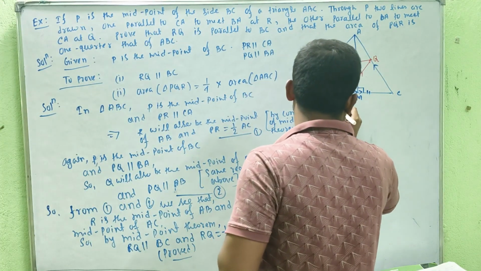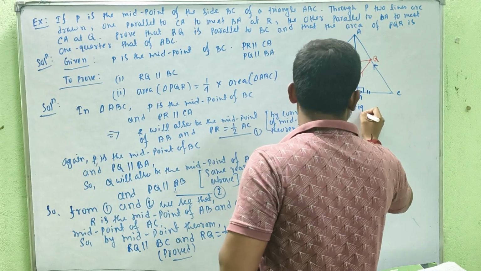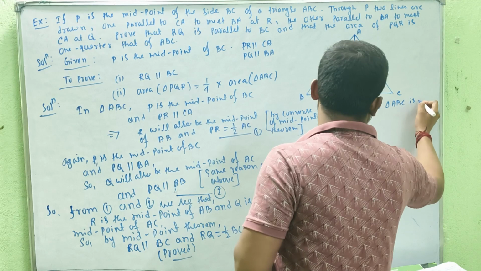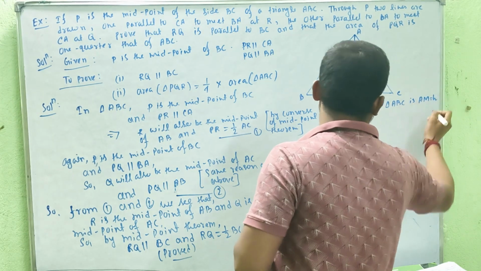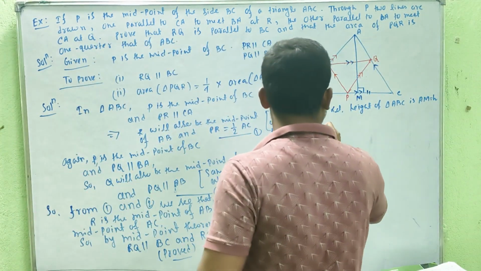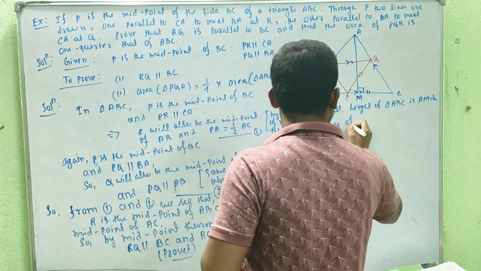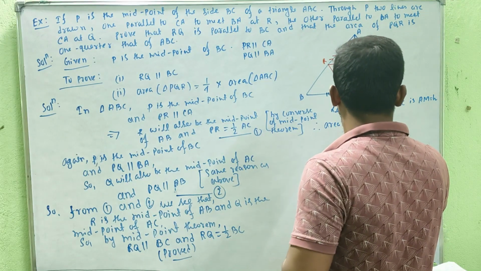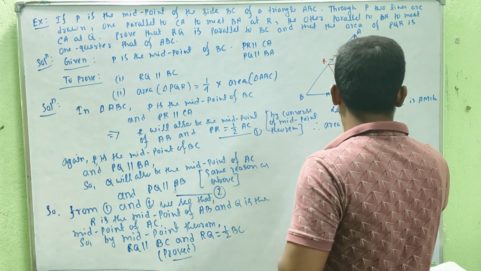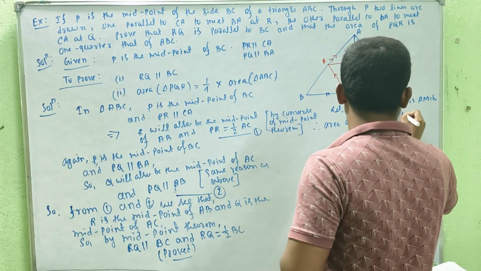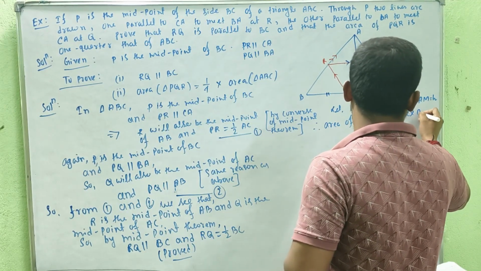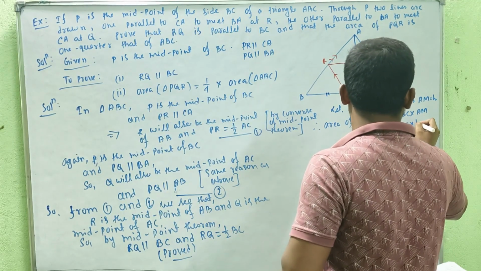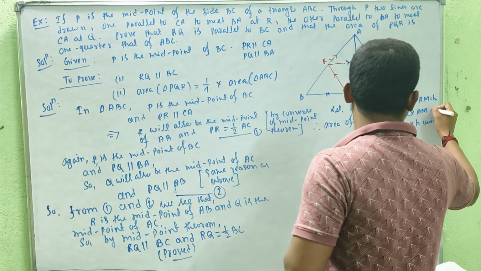Let the height of triangle ABC be AM equal to H. Therefore, area of triangle ABC equals half into base BC into height AM, that is half into BC into H, unit square.